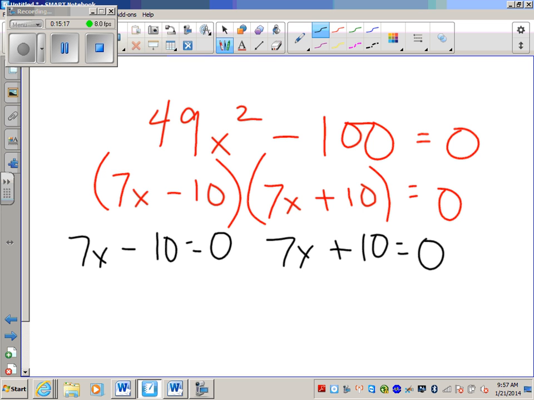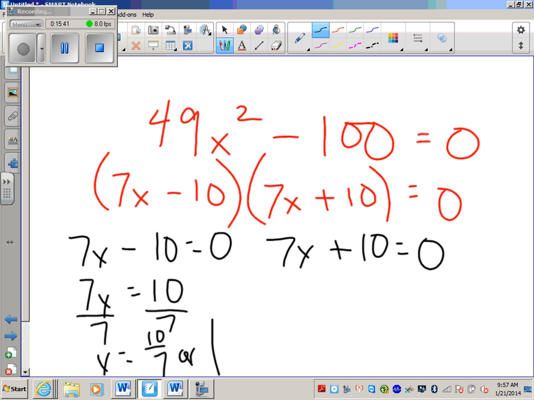So watch. To get rid of the negative 10, we do what? Divide both sides by what? X equals 10 over 7 or 1 and, okay, here.